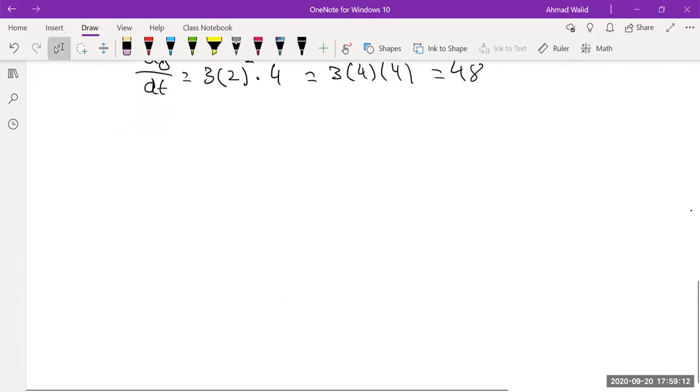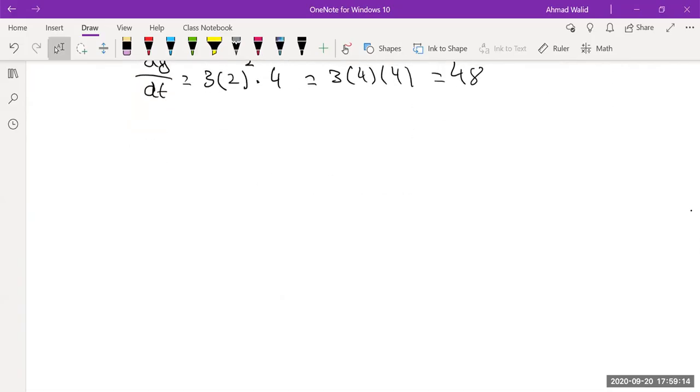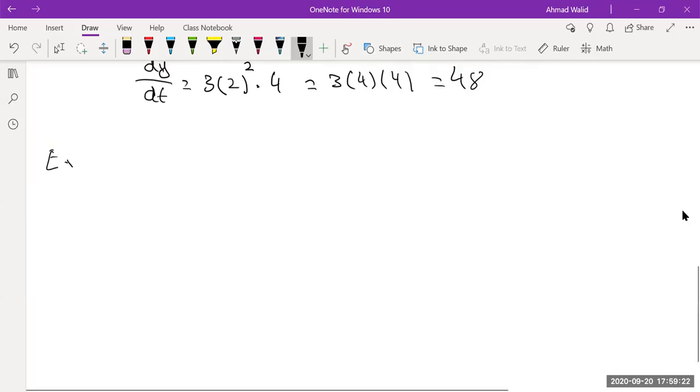Let's do another one. Example number 2 from your book. I don't want to write all the example here because it takes time to copy the example. In example number 2, I'm just reading.